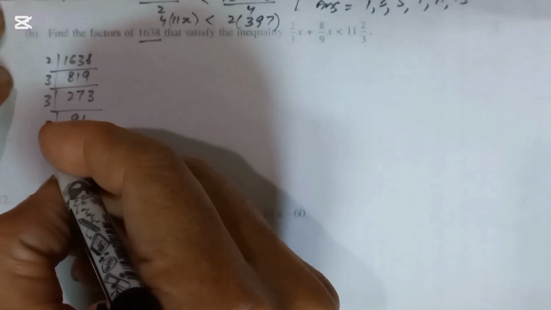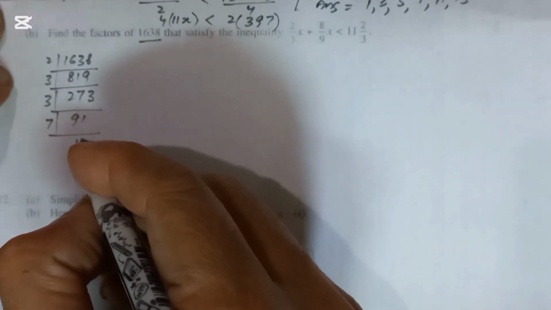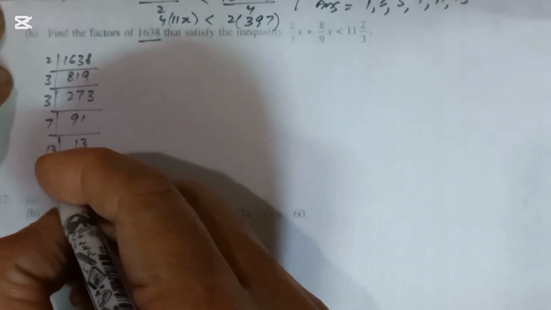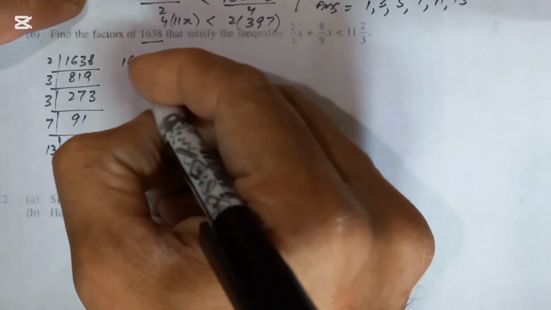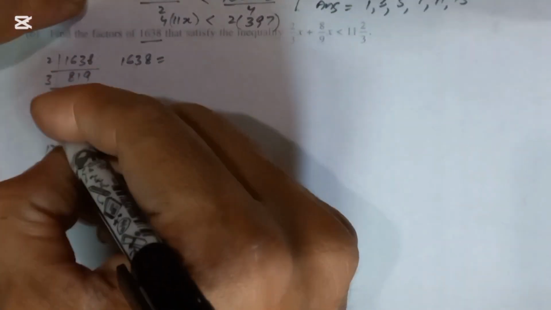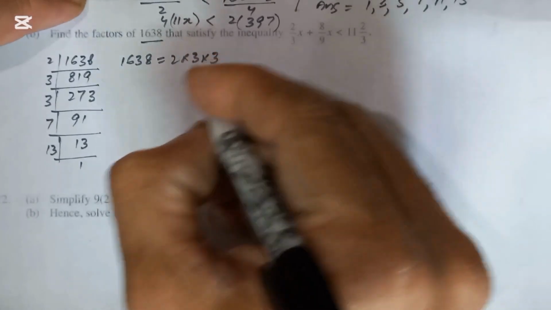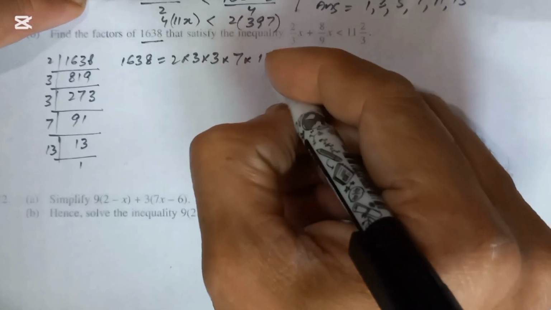Now 7's table is there, 7 1s are 7, 2 will be carried, and 7 3s are 21. And finally 13, 13 1s are 13. So 1638 will be equal to 2 multiplied by 3 multiplied by 3 multiplied by 7 multiplied by 13.